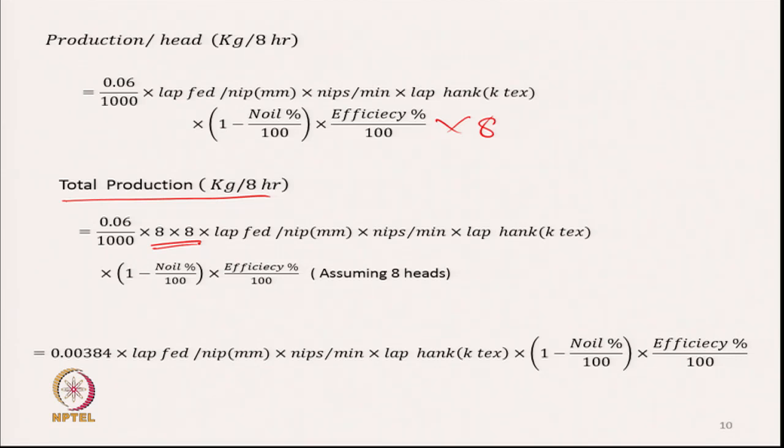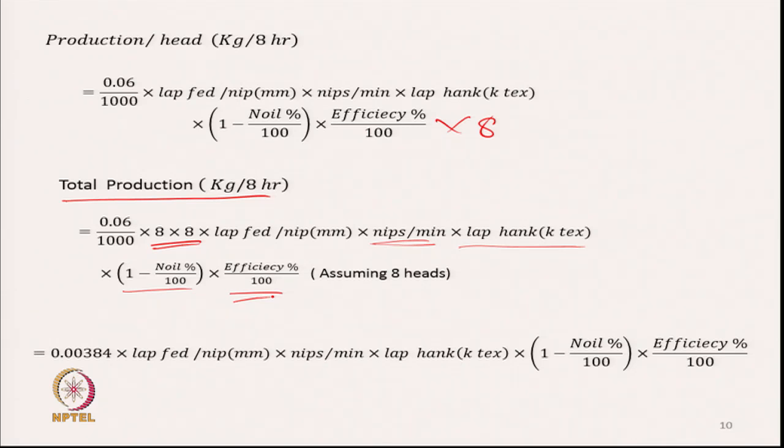If we do this, we get this value as written here: 0.06 by 1000, 8 into 8, lap fed in millimeter, nips per minute, that is the speed of the machine, then lap hank in kilotex, and now will come the noil percentage that we are producing, that figure we have to put here, and the efficiency figure also we have to put. That will give me the actual production that we expect.